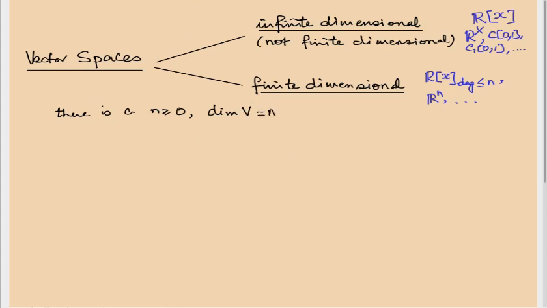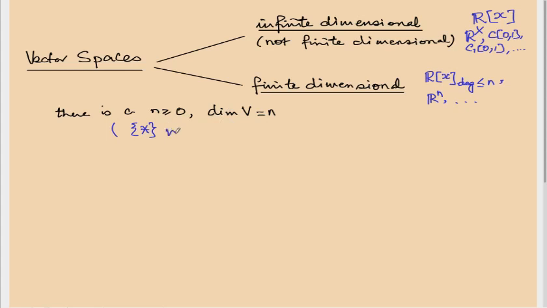You might be wondering, what is dimension 0? Well, the singleton is a vector space with the very obvious operations: star plus star is star, lambda times star is star. There is no other thing that we can define, and this has only one vector, and this vector is its zero vector.